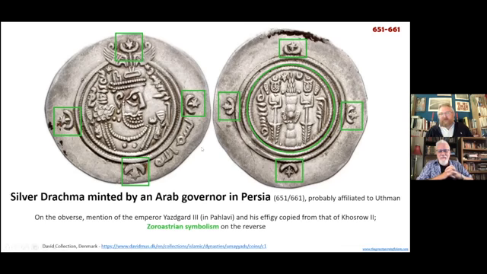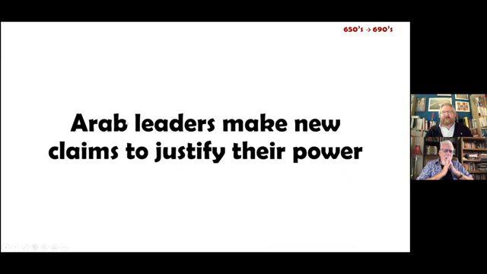What I just wanted to point out here is the Persian Empire pattern, the Persian Empire figure, and the Zoroastrian symbols. We will get to the Bismillah in a minute, because here I want to introduce that we find on the coins that the Arab rulers, the Arab leaders, make new claims to justify their power.